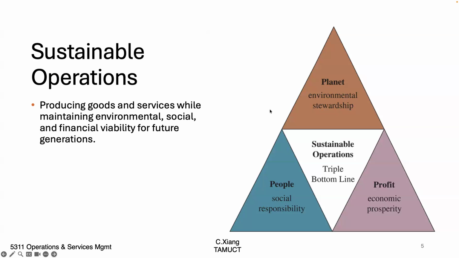To summarize, sustainability and related concepts, such as corporate social responsibility, CSR, have three dimensions. It's about environmental responsibility, economic sustainability, and social responsibility. A sustainable operations strategy must consider all three, not just one.